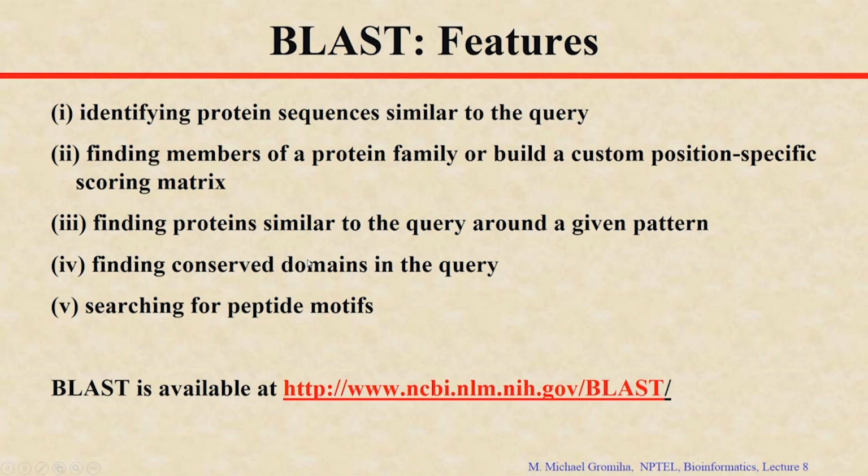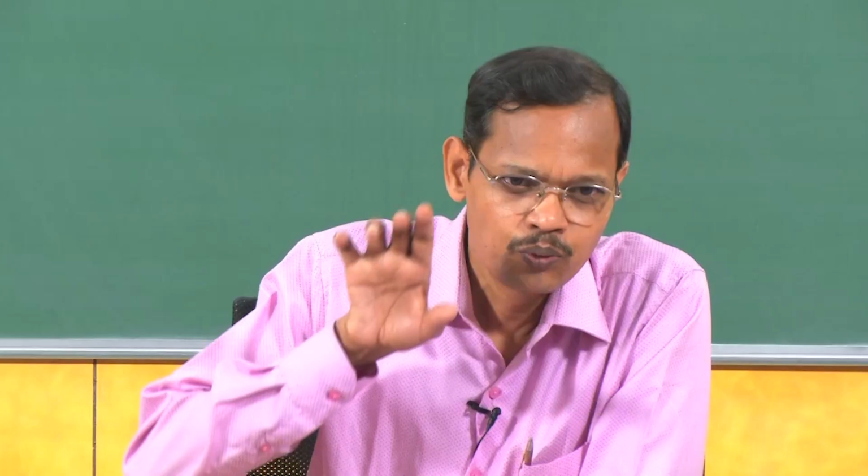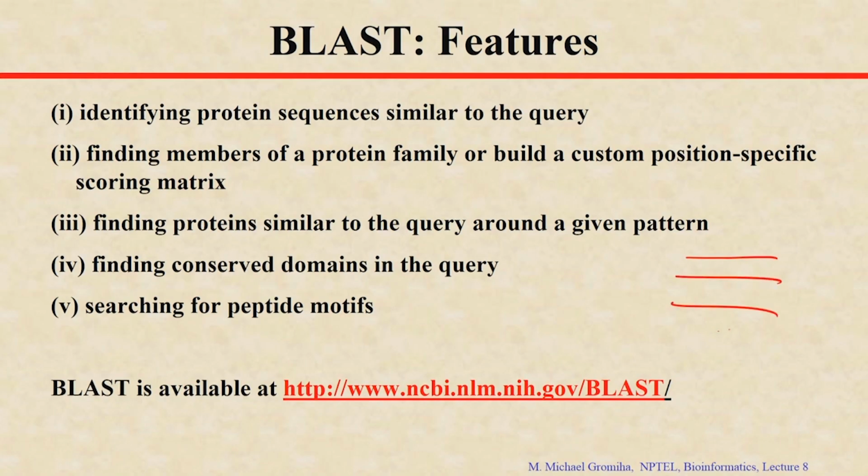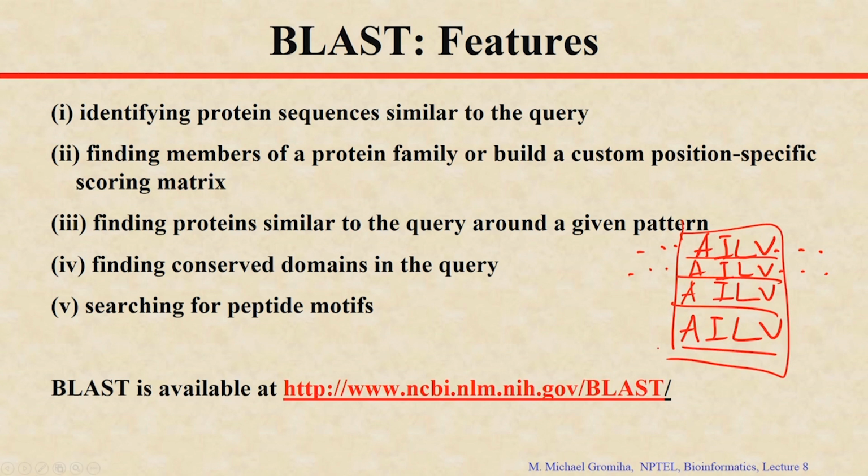Then also you can see any conserved domains, any regions of the sequence which are similar in all the sequences. For example, if you have several sequences and you have a pattern that is maintained in all the sequences, you see that this pattern is very important for the structure and function.